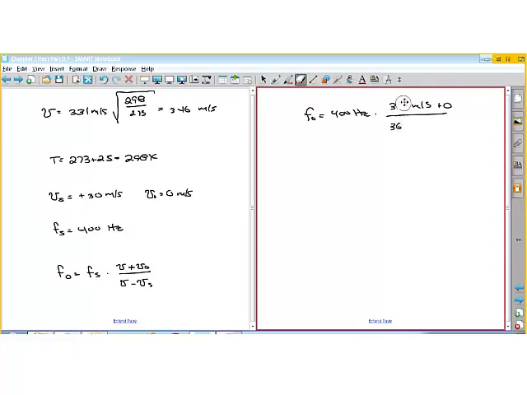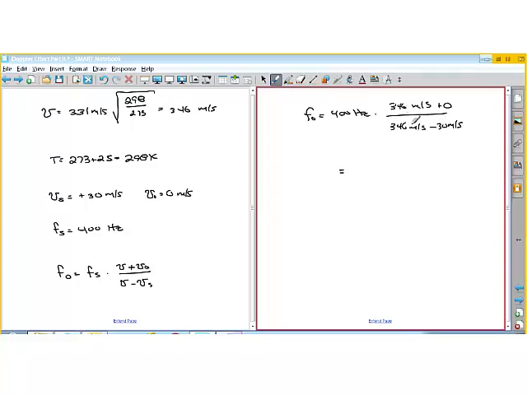And then the denominator is 346 meters per second, and then we subtract 30 meters per second.